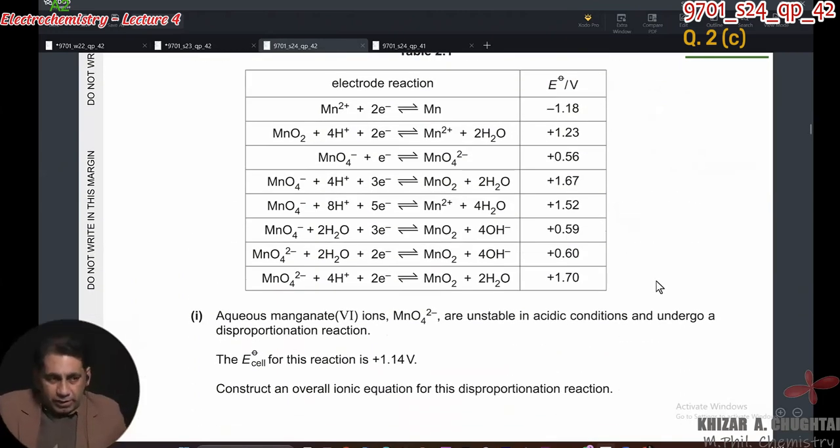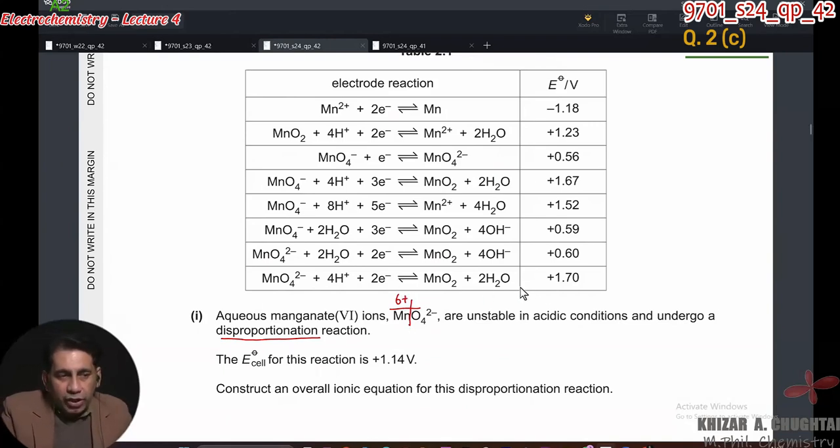Now, this is a tricky question. Basically, just have a look. The oxidation state of Mn here is plus 6. What are disproportionation reactions? Reactions in which the same species, the same molecule, is going to oxidize at one place and also going to reduce itself in another place.